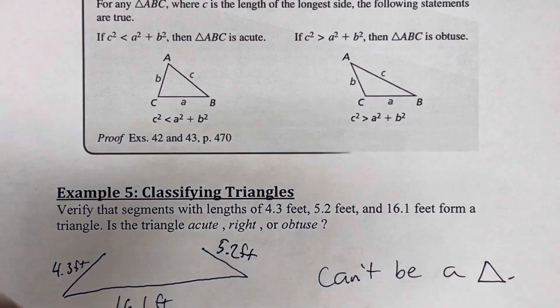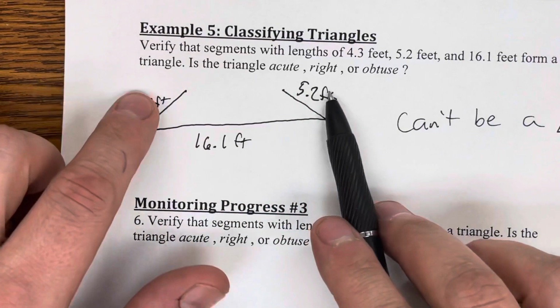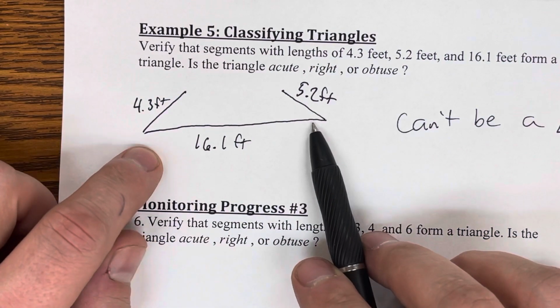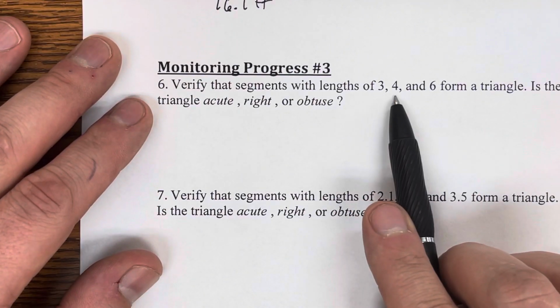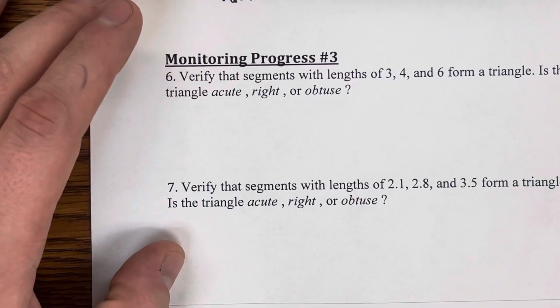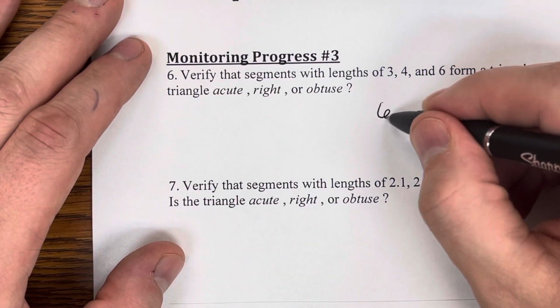Those do not work out, all right? For this to be a triangle, one of these needs to be bigger. These two smallest sides have to add up to more than the largest side. So again, when I check here, 3 plus 4, those are the two smaller ones. That's bigger than 6. So yes, it can be a triangle. So now from here, we would set 6 to be the c, so 6 squared.